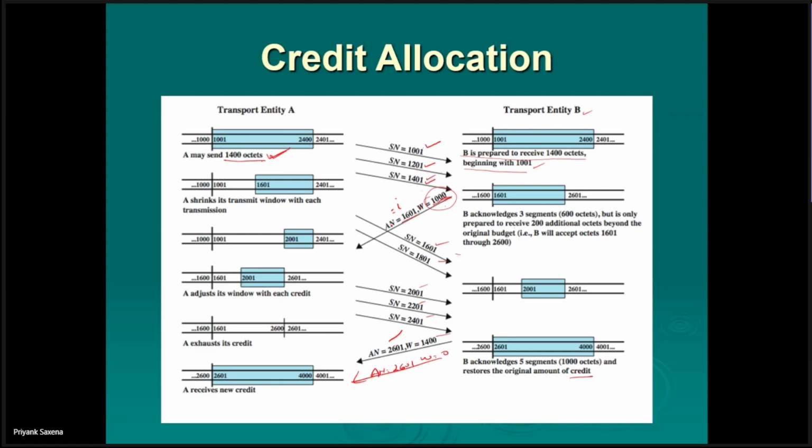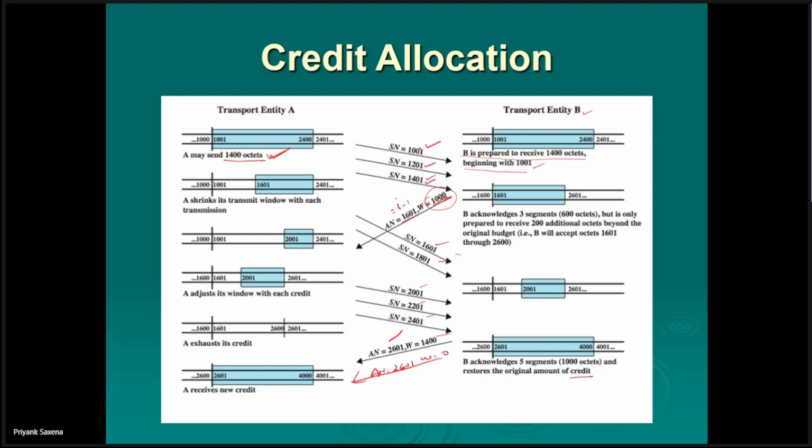AN equal to I means it has received 1001, 1201, 1401. What is the next sequence number the receiver is expecting? That is 1601. By demanding 1601, it means it has already acknowledged all the previously received segments. All the segments with sequence number up to I-1 are acknowledged.